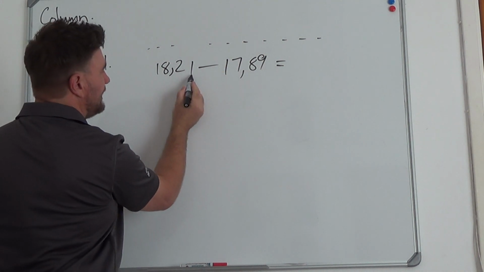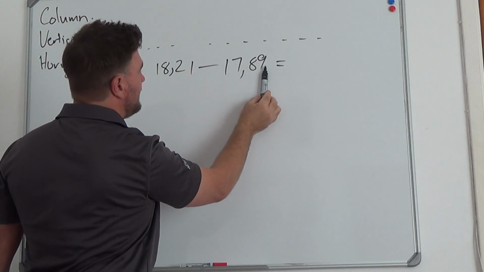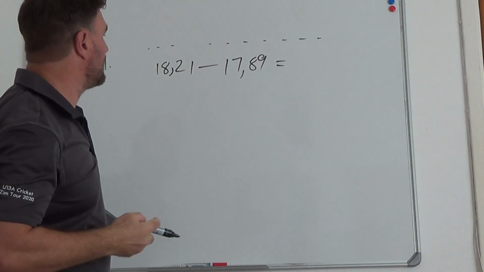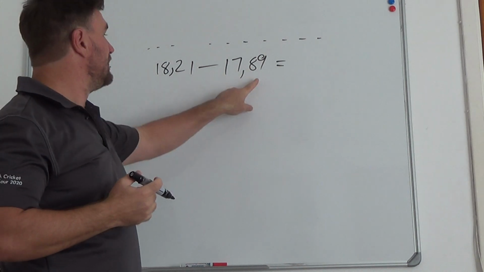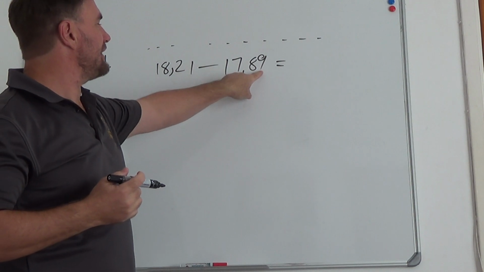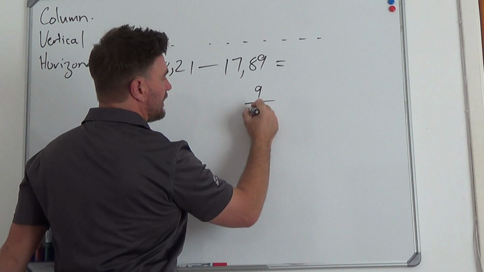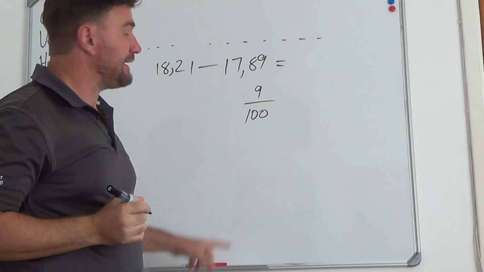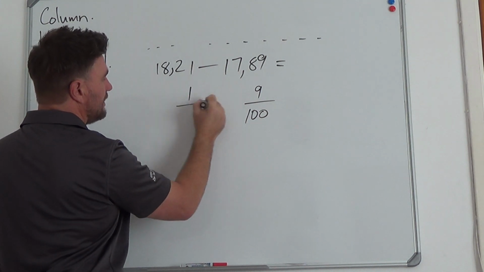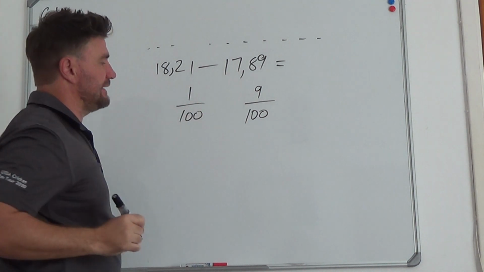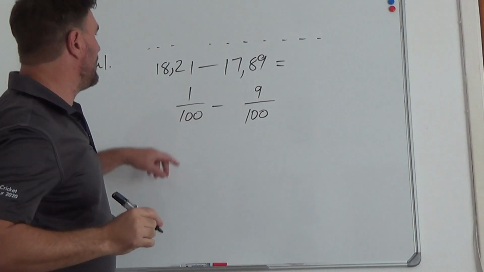Remember we're working from right to left. So we're going to say 9 plus 1, because these two are in the same column. They are in the hundredths column. If you write it as a common fraction, the 9 is in the hundredths column, and this 1 is 1/100th.